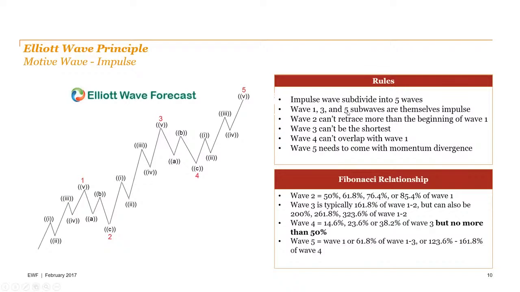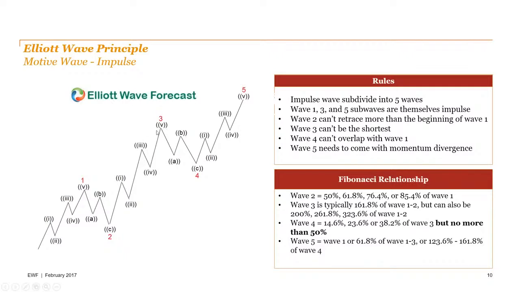Wave 1, 3, and 5 subwaves are themselves impulses. So you can see wave 1, 3, and 5 are themselves subdivided into impulses. Wave 2 cannot retrace more than the beginning of wave 1. Wave 3 cannot be the shortest wave. So wave 3 here cannot be the shortest wave in the impulse. Okay?